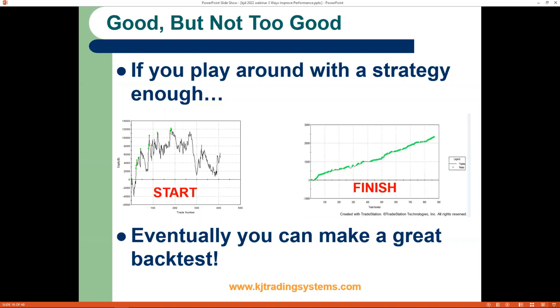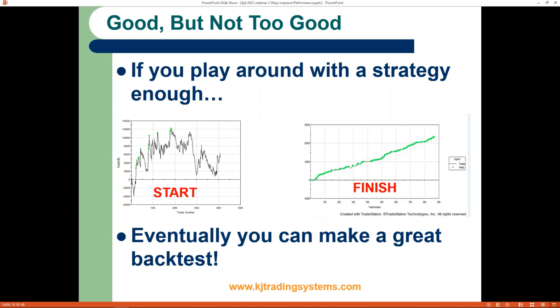I'm going to tweak it. I'm going to add rules. I'm going to re-optimize. I'm going to do all sorts of things. And eventually you might end up with the curve on the right. Hey, everybody would look at that and say, ooh, that's a nice looking equity curve, right? And at first glance, you would think it was, especially if you didn't know what went into it.